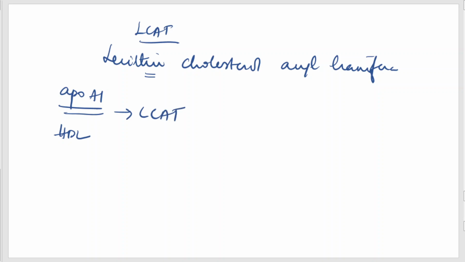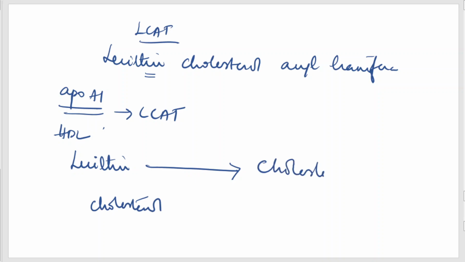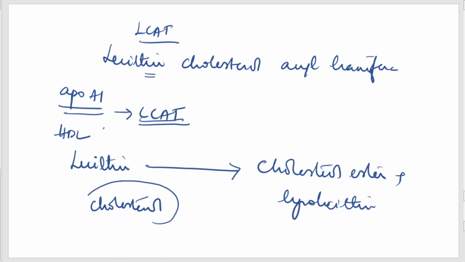This LCAT converts lecithin, by combining with cholesterol, into cholesterol ester and lysolecithin. So lecithin cholesterol acyl transferase converts the cholesterol to cholesterol ester by simultaneously converting this lecithin to lysolecithin.